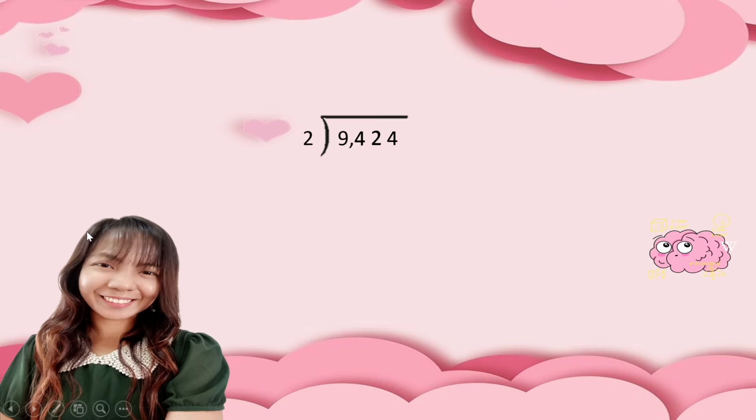Let's divide first. 9 divided by 2 is 4. Next, multiply 4 times 2. The answer is 8.